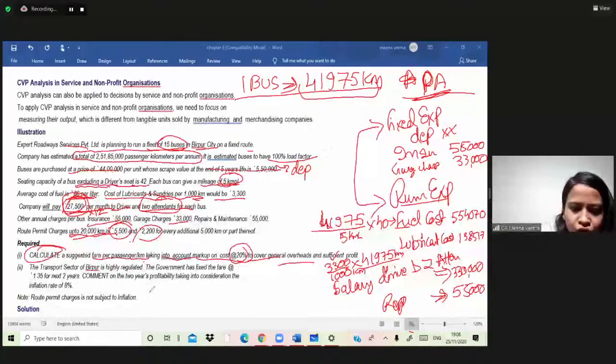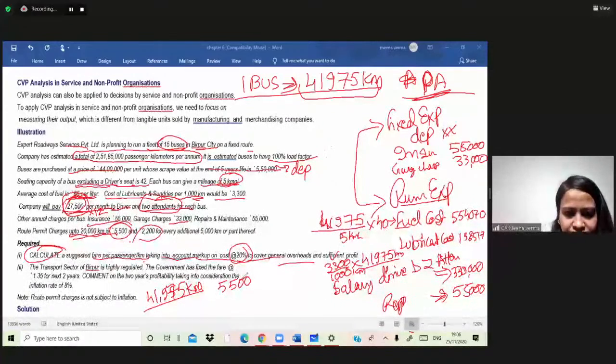Since we have 41,975 kilometers of distance, for 20 kilometers the cost will be 5,500, and for the additional distance, for every additional 5,000, the cost will be 2,200. So you can see how much additional distance they are covering. You will multiply this with that. Tell me the value here.